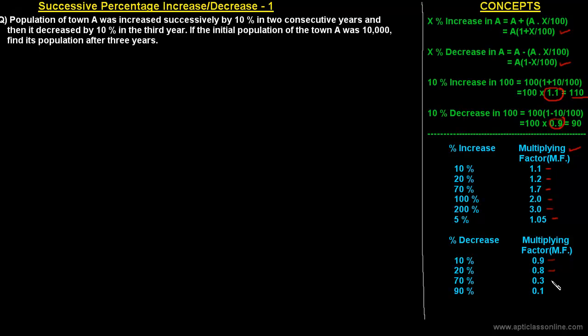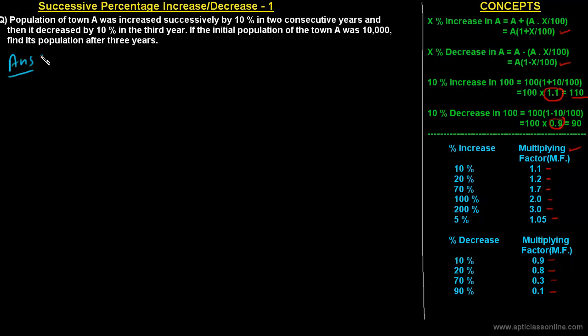Similarly, for 70%, 0.3. For 90%, it will be 1 minus 90 by 100, that is 1 minus 0.9, that is 0.1. So we will apply this multiplying factor to solve this question.